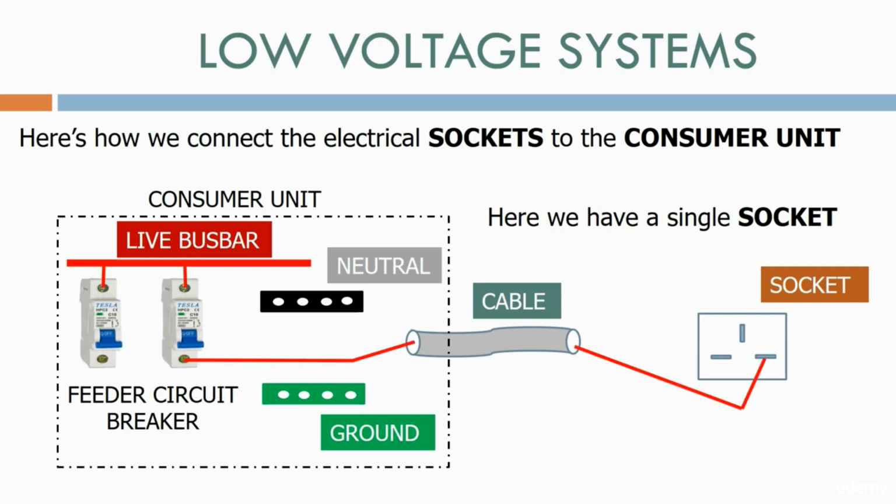Firstly, we connect the live feed from the circuit breaker through the cable onto the socket. Then we connect a neutral feed from the neutral terminal strip through the cable and onto the socket. And finally, we connect the ground wire from the ground terminal strip through the cable and onto the socket.